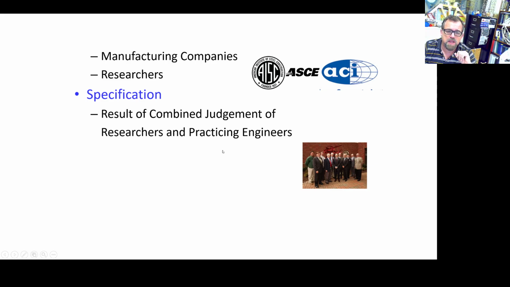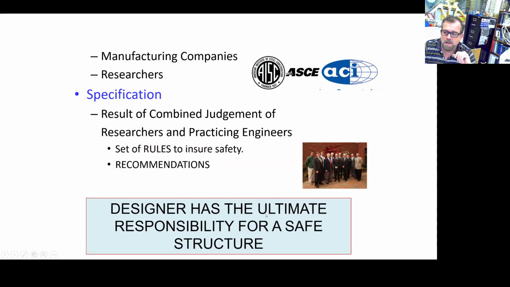That's basically what they are. But at the end, you're always going to have the ultimate responsibility for a safe structure. Can you go against a specification? It's not recommended, but yes, you can. Don't do it. But if you justify it and you want to do something that is not here, once again, I'm telling you, don't do it.